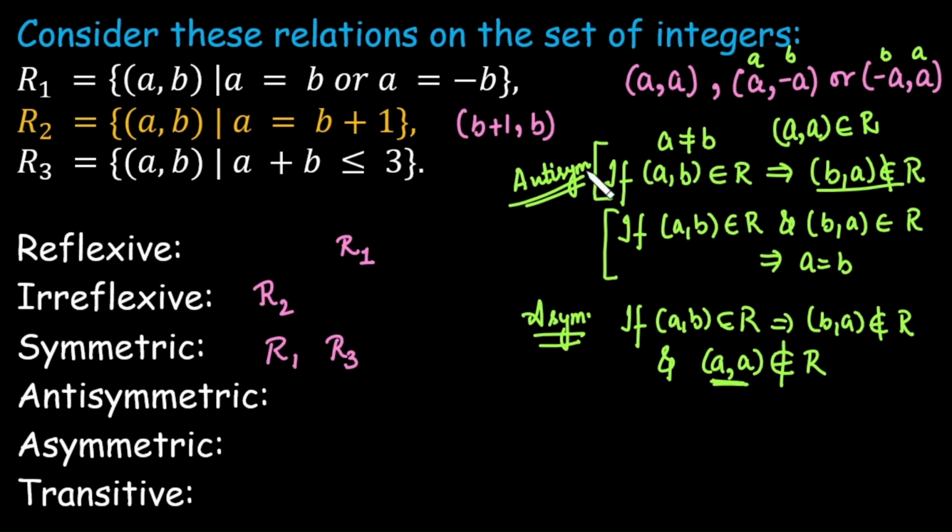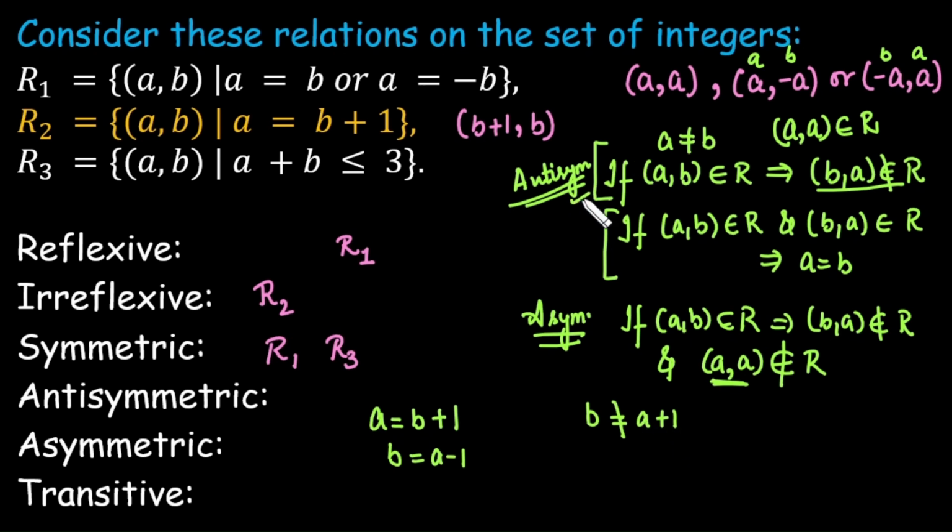For R2, let's check it when A is not equal to B. So if AB is a part of relation, it means A is equal to B plus 1. It says that BA should not be there, meaning B is equal to A plus 1, that is invalid. Is this true? Yes, because from here the value of B is equal to A minus 1. It can never be A plus 1.